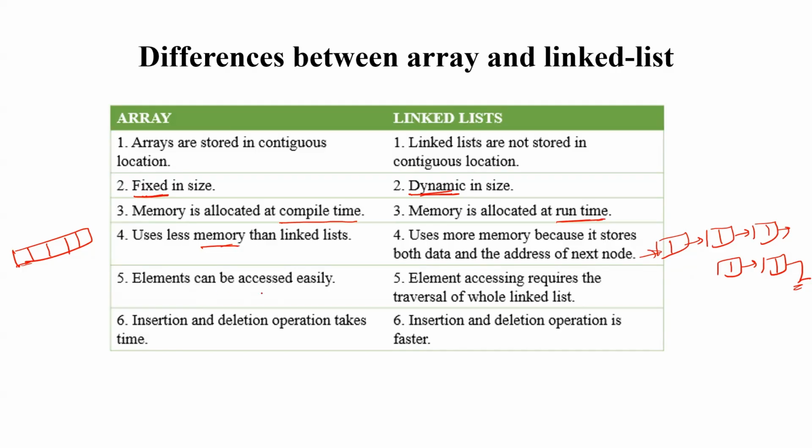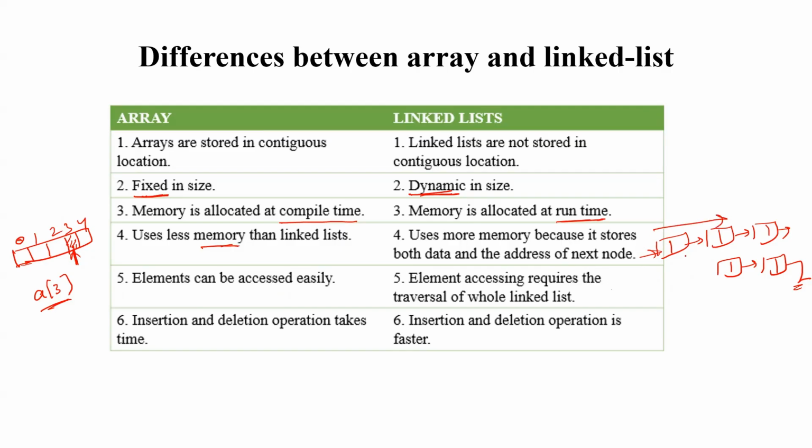Elements can be accessed easily in an array. That is one plus point of the array, that we can access any element using the index. Let's suppose I want to access index 3. I can easily access this element by using a[3]. But in a linked list we have to use some pointer and we can start from the head only.